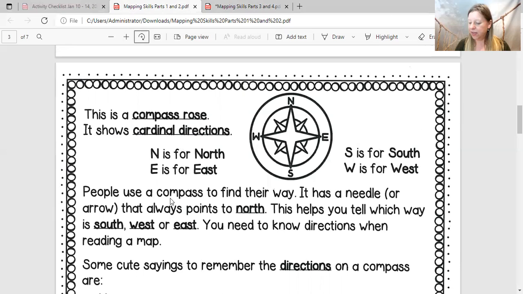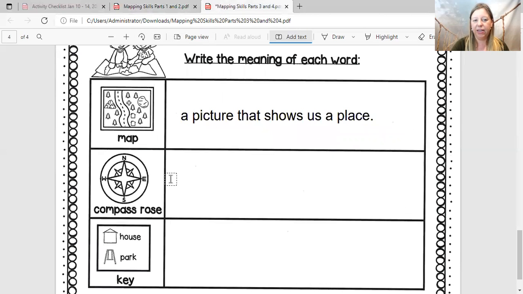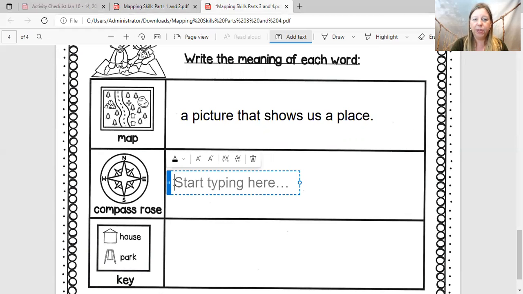All right, so we're going to use that information to write the rest of the sentence, what a compass rose is.